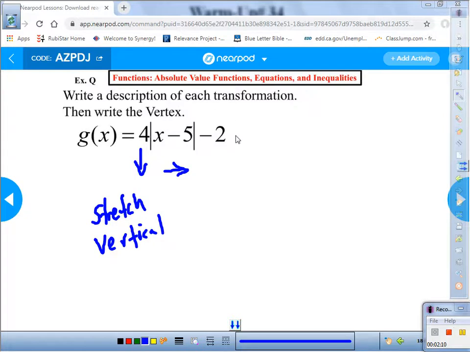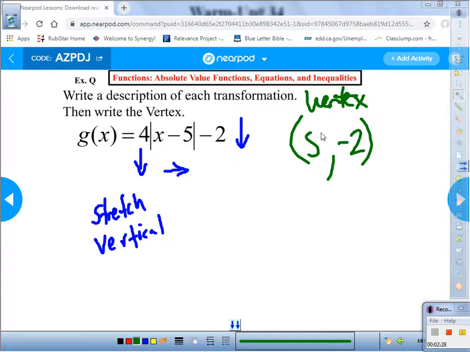And k out here is going down 2 steps. From there, we can identify that the vertex is (5, -2). Are we there? Okay.